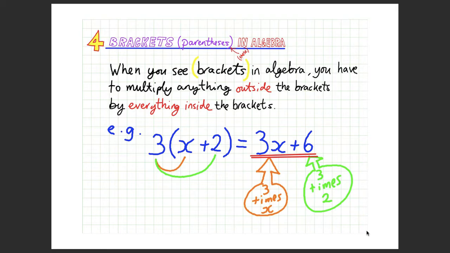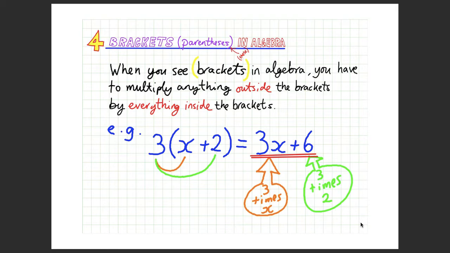So pause the screen, copy that all down neatly. You can see I've kind of color coded. So orange where I've done 3 times x, and also here, and then green where I've done 3 times 2, also green here.